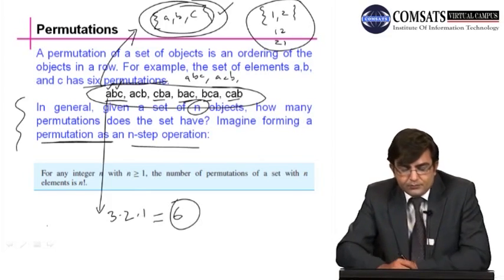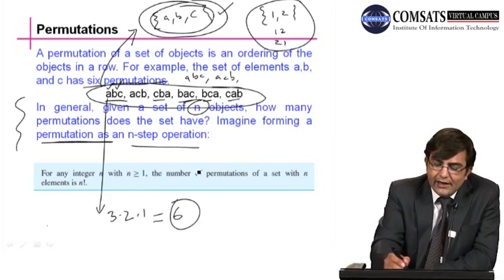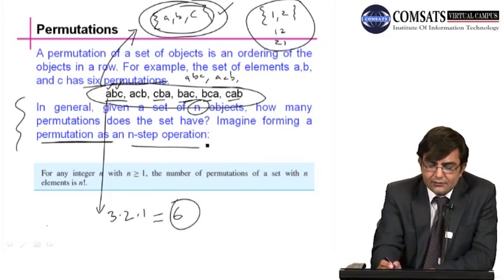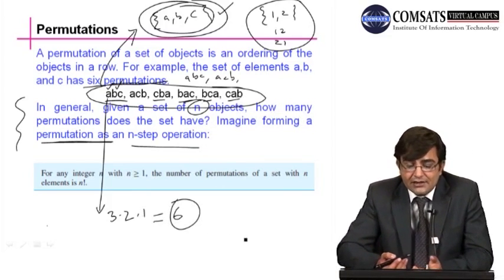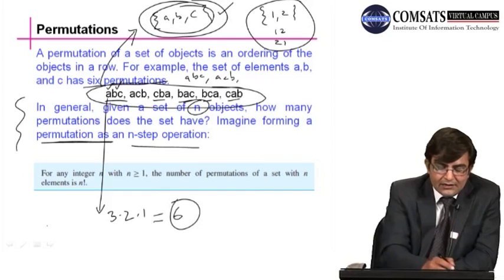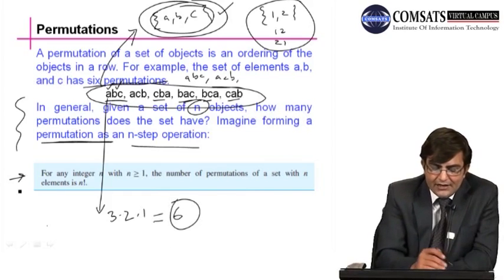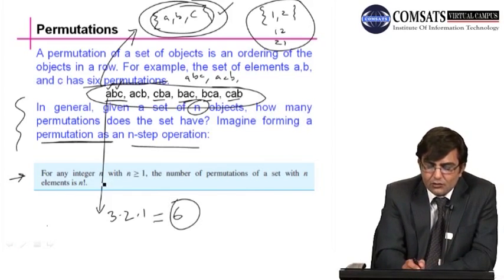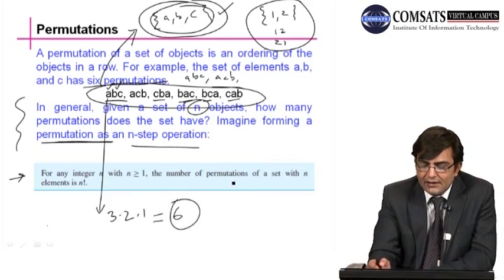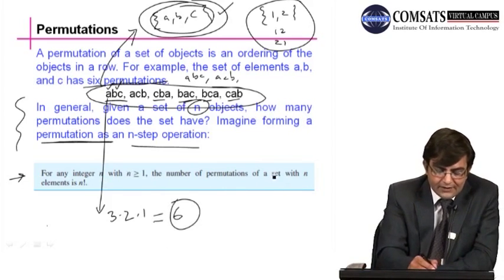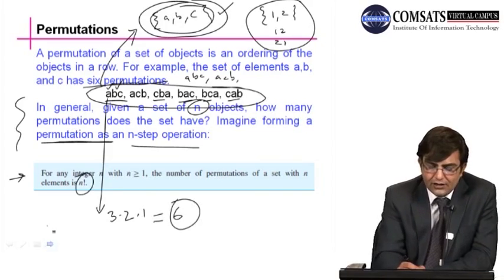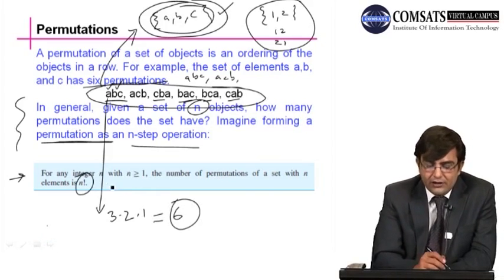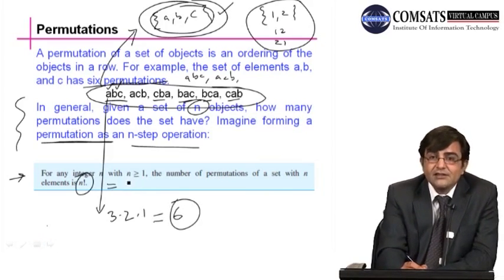So if you are given a set of n objects, then how many permutations does this set have? This is basically the definition. For any integer n with n greater than or equal to 1, the number of permutations of a set with n elements is n factorial. We have discussed it in previous lectures.